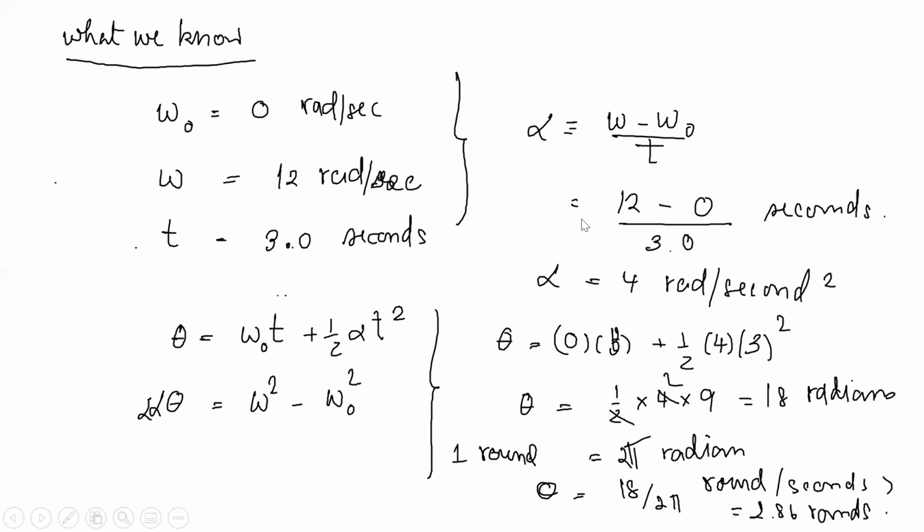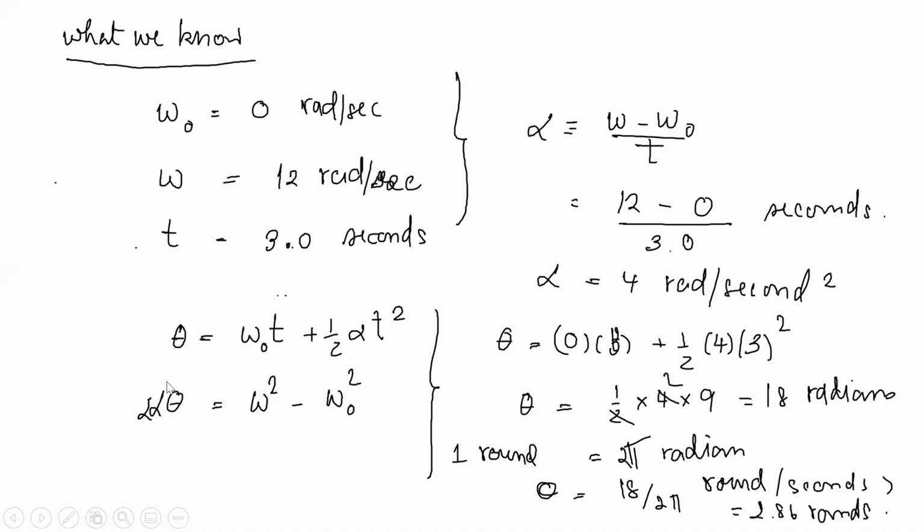So we have a final angular speed of 12 radians per second and an initial angular speed of 0, and this happens in an interval of 3 seconds. So we get average alpha is 4 radians per second squared. And that's the angular acceleration of the system.